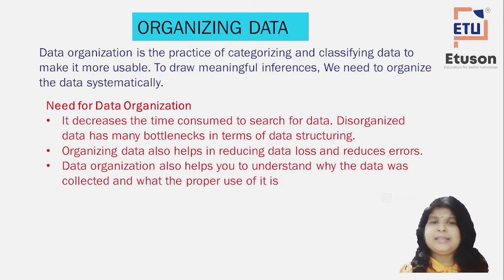It decreases the time consumed to search for data. Disorganized data has many bottlenecks in terms of data structuring. As I was telling you, if your bookshelf is a mess, it is very difficult to get something. Correct or not? Organizing data also helps in reducing data loss and reduces errors.